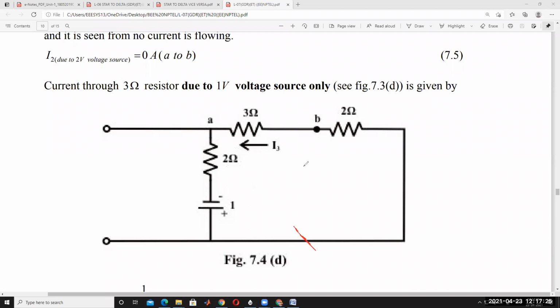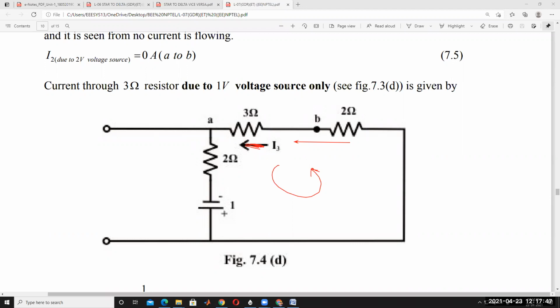So this current is circulating in this loop, and the current direction will be like this. Understood?